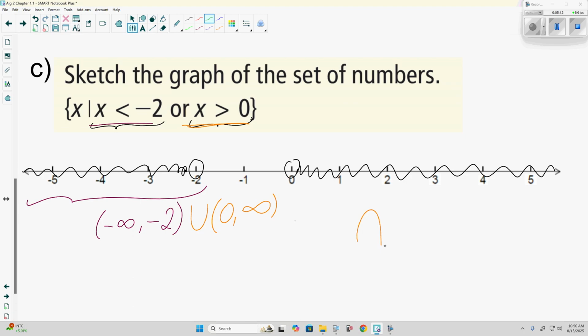What do we overlap? This would be our or. This is our and. Because we could use the union here, or we could just say, apparently I can't write, this or that.